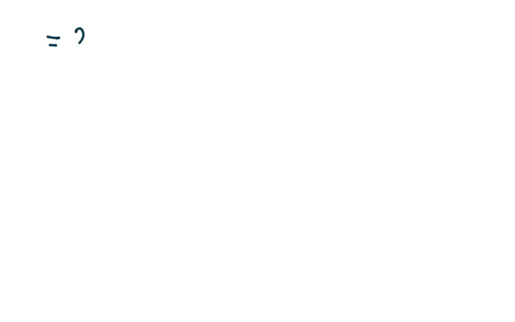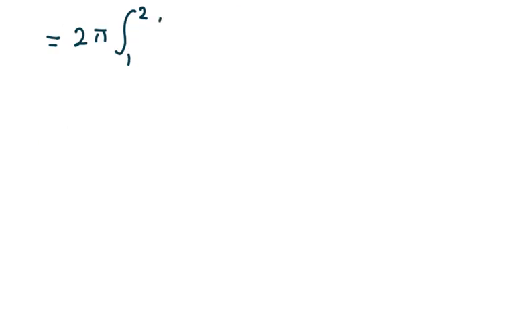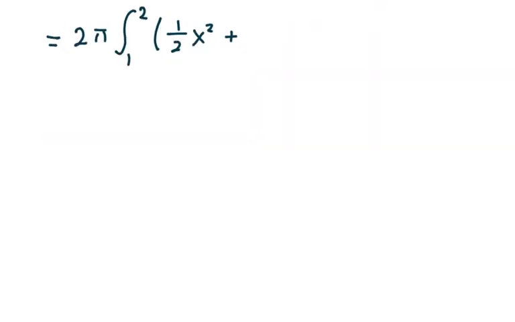So this is 2 pi times the integral from 1 to 2. I could have distributed the 2, but it's okay. So we get 1/2 x squared plus 1/2, looks like, dx.